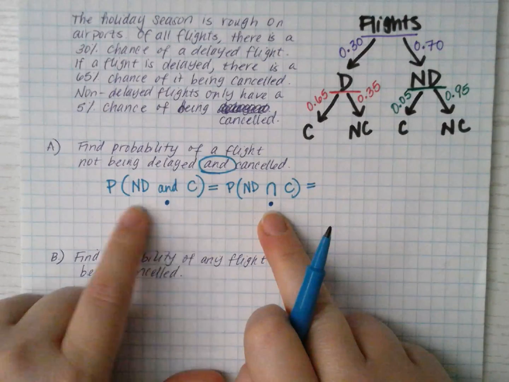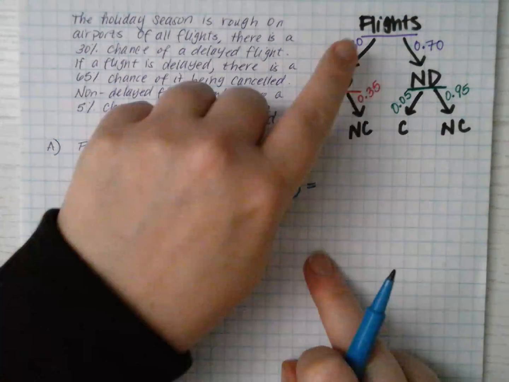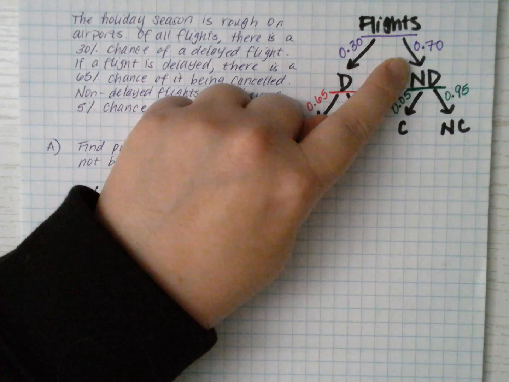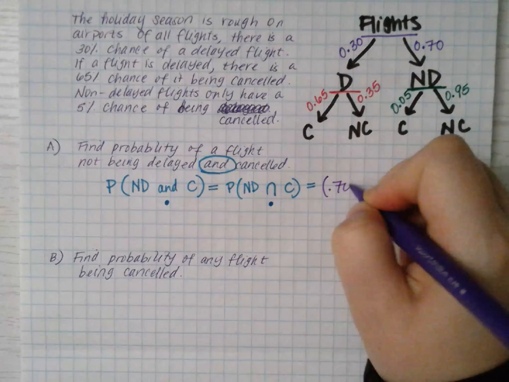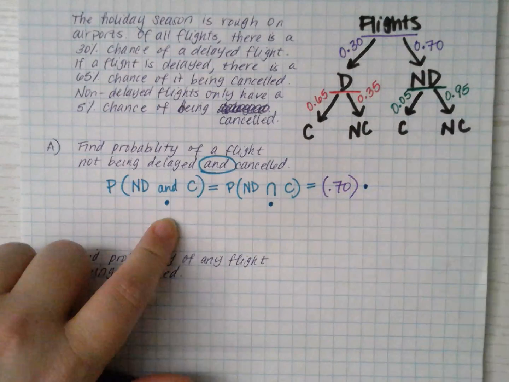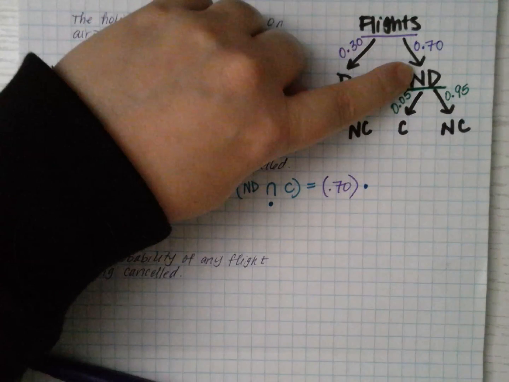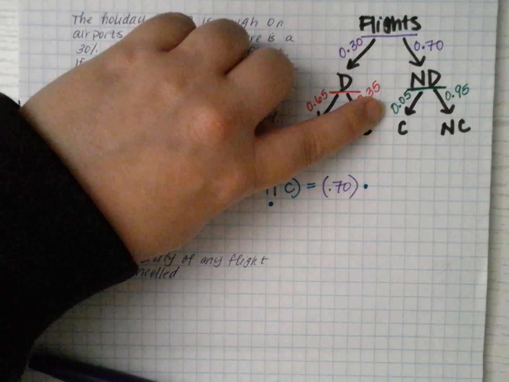So we're going to look for the probability of not being delayed. So we're going to be working our way down the branch. Not delayed is a 0.70, and gives me that multiplication, canceled, not delayed. And now that I'm in that not delayed, the probability of those being canceled is 0.05.